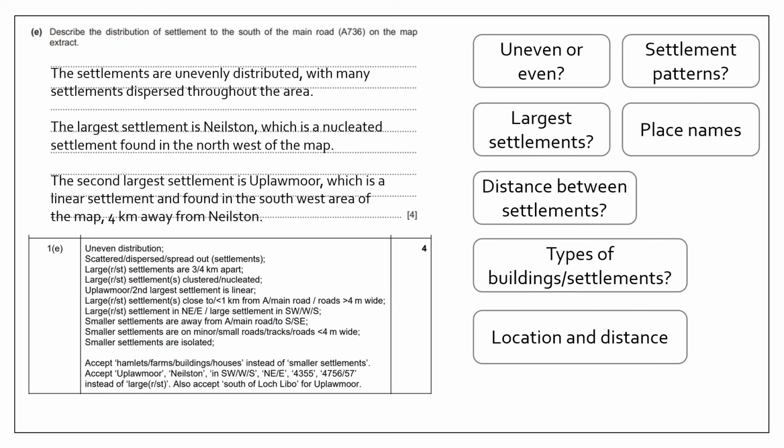So again, if we check the mark scheme, by using a range of place names, locations on the map, telling me types of various settlements, which one's the largest, smallest, etc., we can easily get the marks. So here, I've got 2 points, got 3 points here because it's the name of the settlement, the type of settlement, and where it's found, and likewise done exactly the same there with a little bit of map skills. So find some more questions and have a practice.